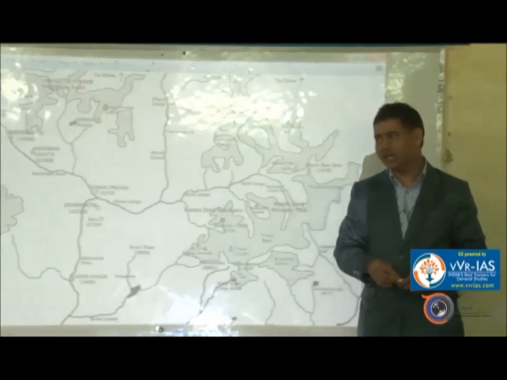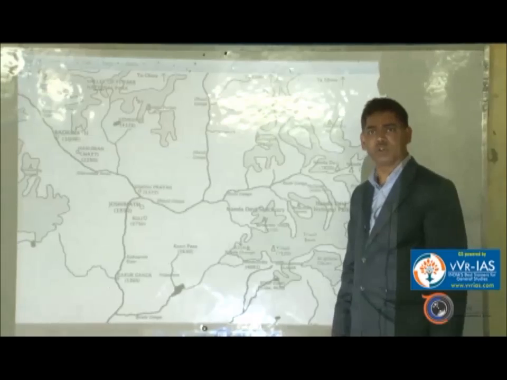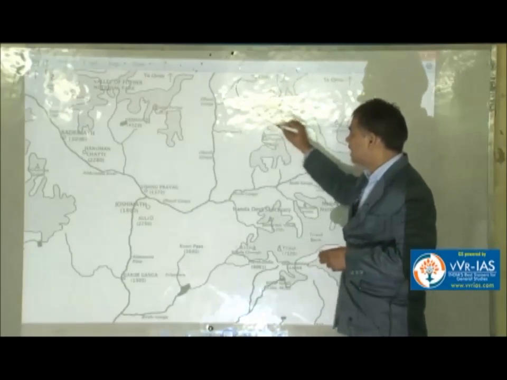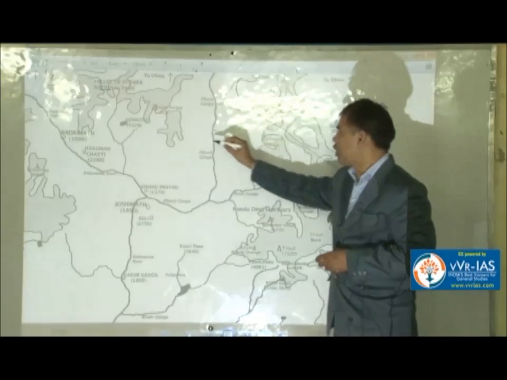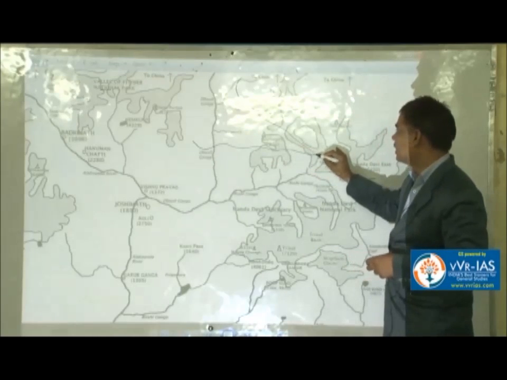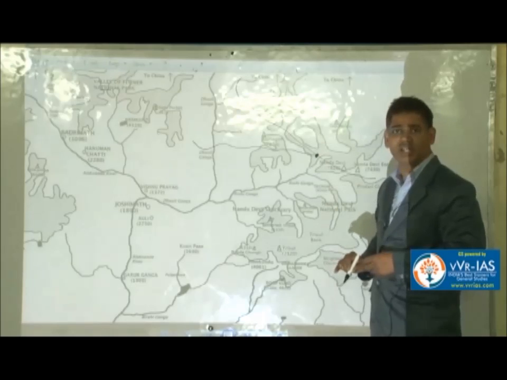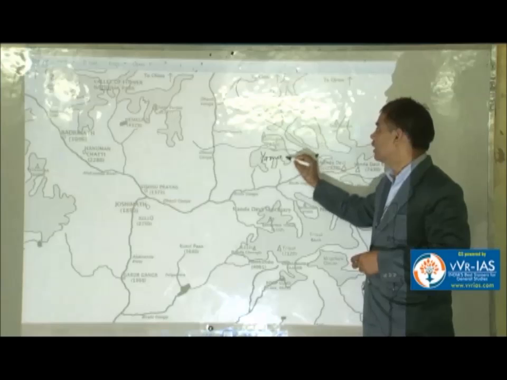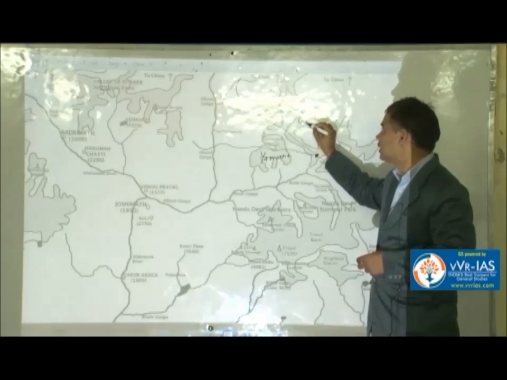Let us come again to the river. What exactly am I going to discuss in the river? Let us say this is the Ganga river. The most important tributary of the Ganga, which is also related to the culture of India, is Yamuna. And this is Ganga.